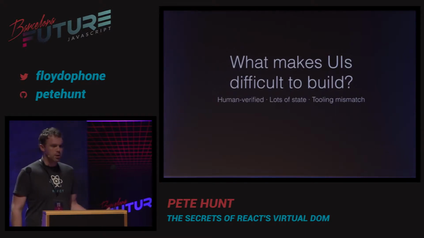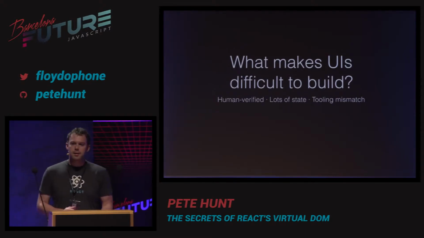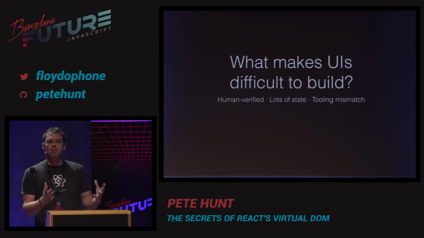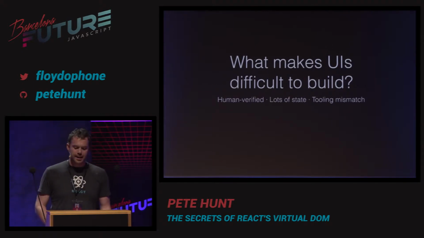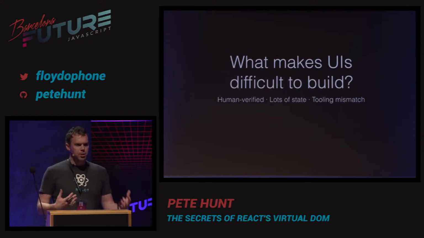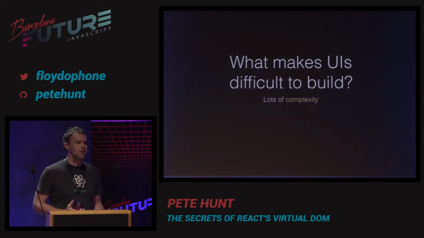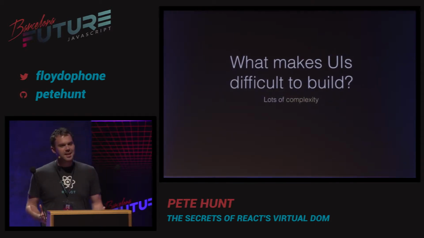So unit testing I mentioned, but there's also things like static analysis. It helps you find some classes of bugs, but usually not the types of bugs that you find when building UI. You got the math wrong on the layout. It's very hard for you to apply static analysis for that. And even type checking is helpful, but it doesn't get you all the way. But at the end of the day, user interfaces are just really complex things to build.